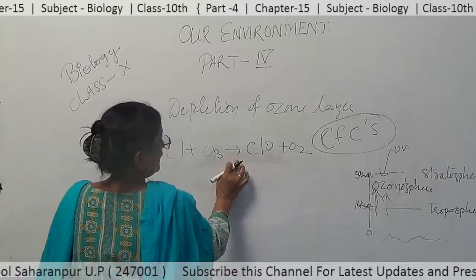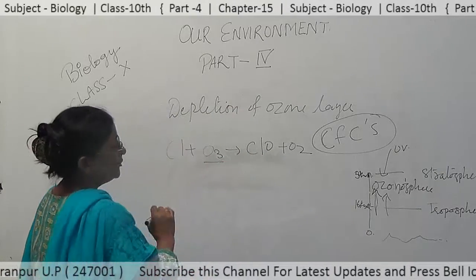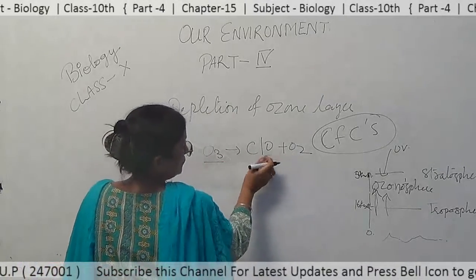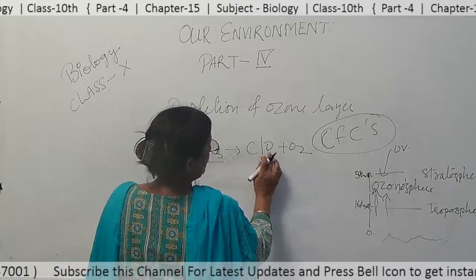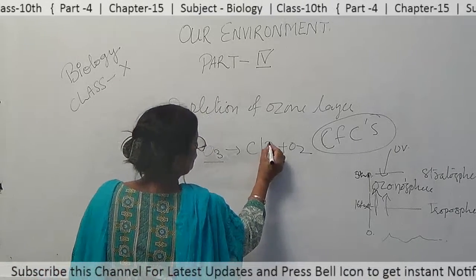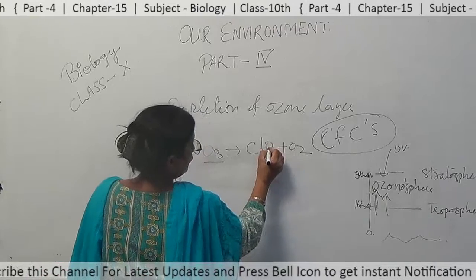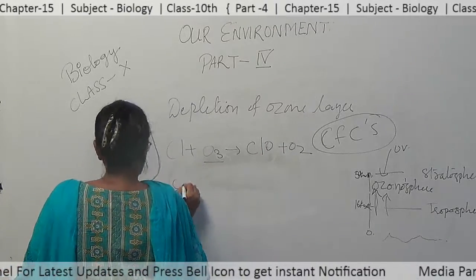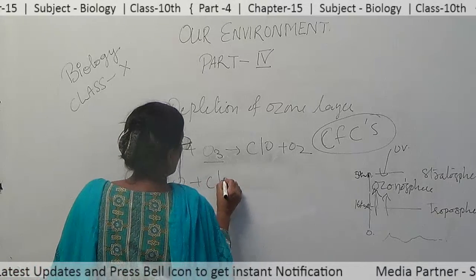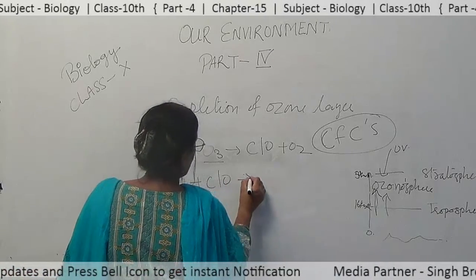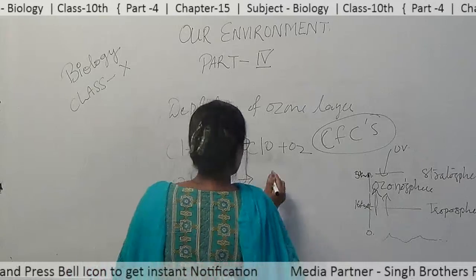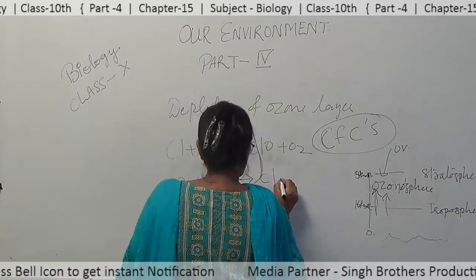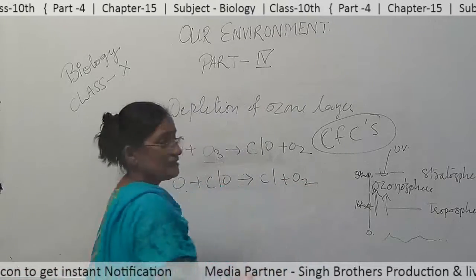It breaks down the ozone molecule into chlorine oxide and oxygen. Then this ClO reacts again with nascent oxygen and forms chlorine plus oxygen.